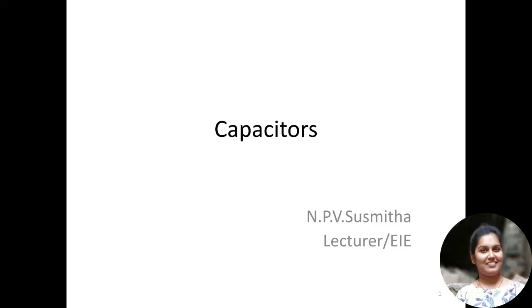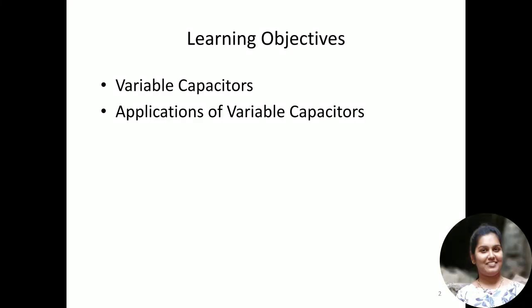In continuation of the previous video, we'll discuss some other points relating to capacitors in this video. So this video is all about variable capacitors and the application of variable capacitors. Here we'll also see one point called a gang capacitor in this video.